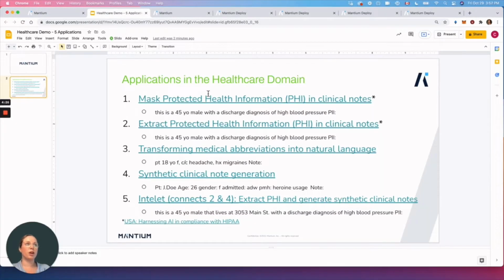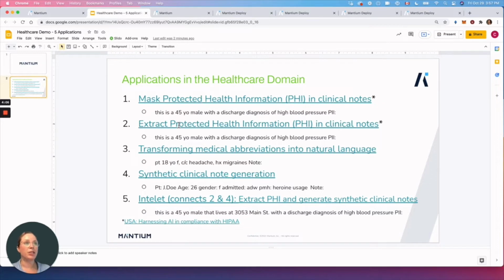So just to talk about a bit of the motivation behind building these applications, the first one is masking protected health information in clinical notes. So sometimes you'd like to mask the PHI in place in these clinical notes to anonymize sensitive medical information.